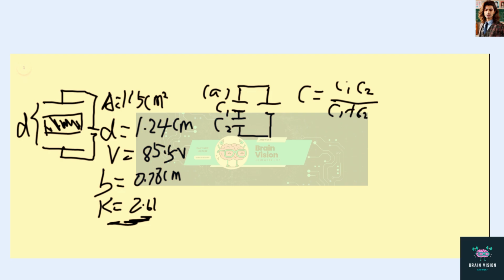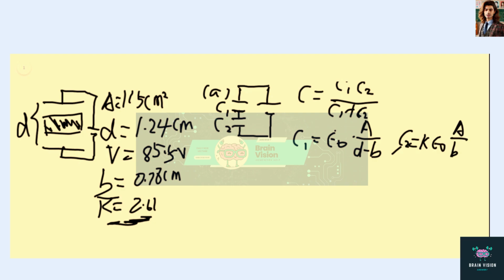C1 is epsilon naught times A over D minus B, because the thickness of the part without the slab is D minus B. And C2 should be kappa epsilon naught A over B.